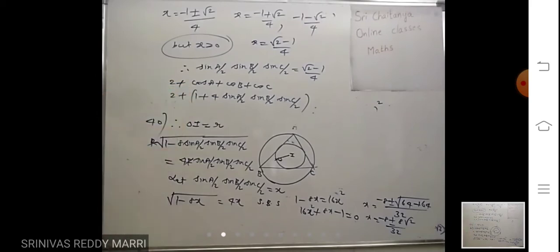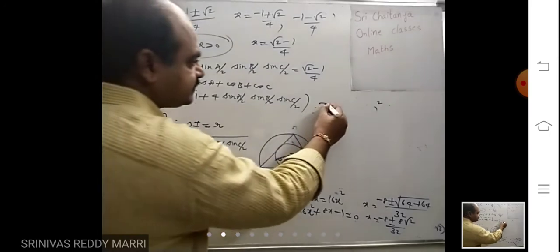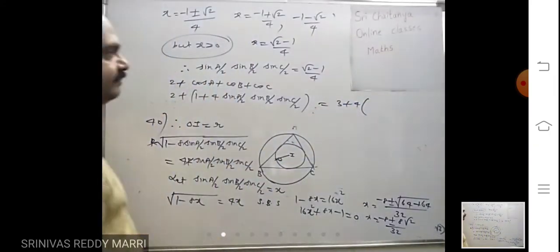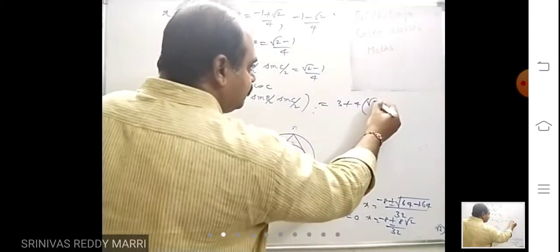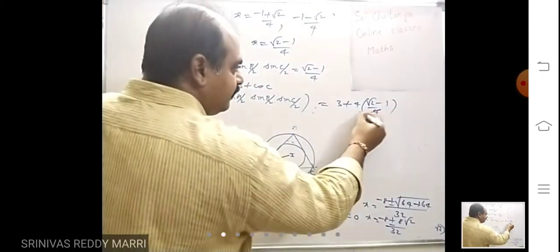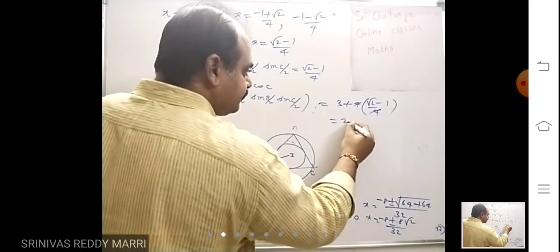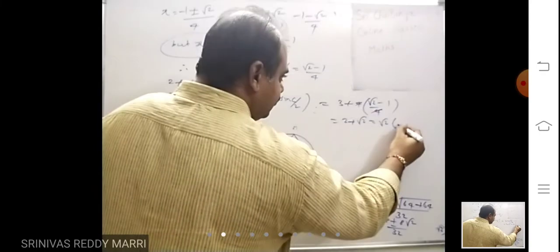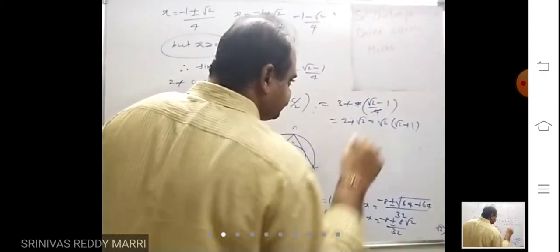Now substituting the value, 3 plus 4 into root 2 minus 1 divided by 4. 4 cancel. You will get 2 plus root 2. Take root 2 common. You will get root 2 into root 2 plus 1. That is the answer.